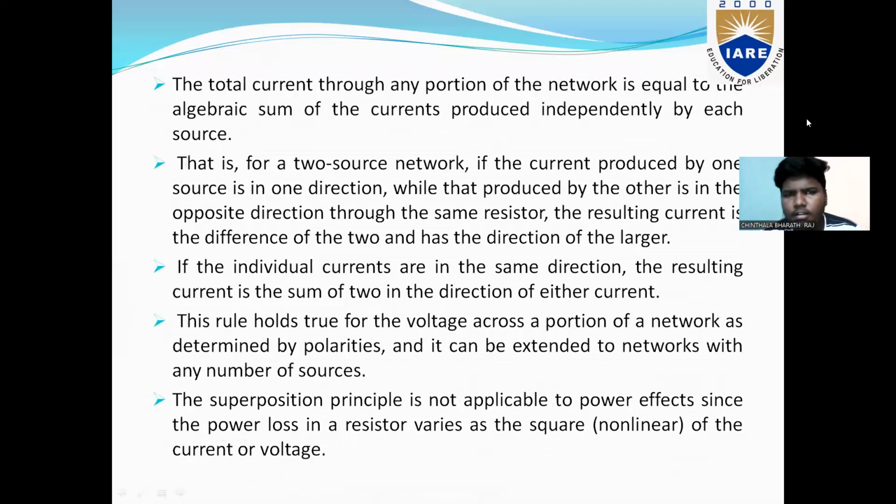The total current through any portion of the network is equal to the algebraic sum of the currents produced independently by each source. For a two-source network, if the current produced by one source is in one direction, while that produced by the other is in the opposite direction through the same resistor, the resulting current is the difference of the two, in the direction of the larger.